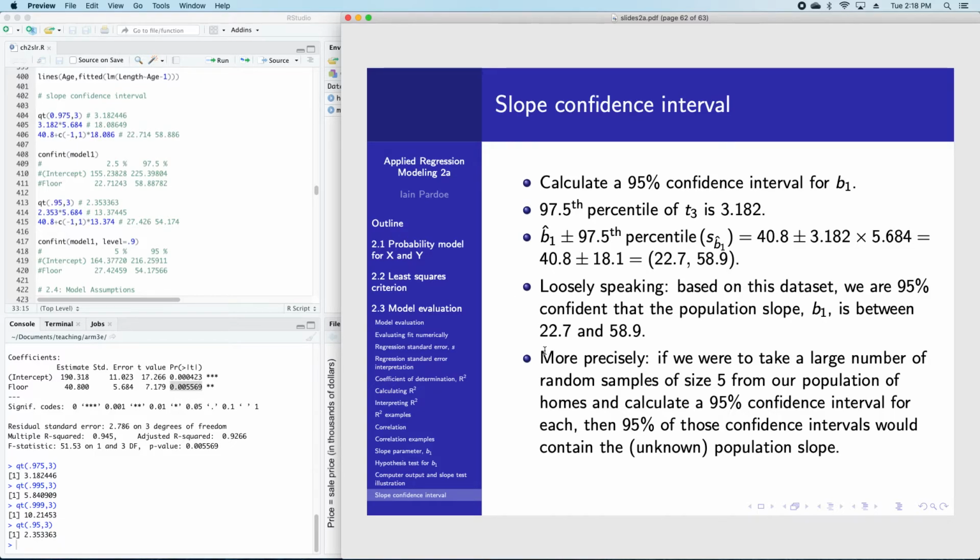So this is the technical statistical definition of a confidence interval, but this looser interpretation is the one that's going to be a little more understandable to people and not quite as wordy.